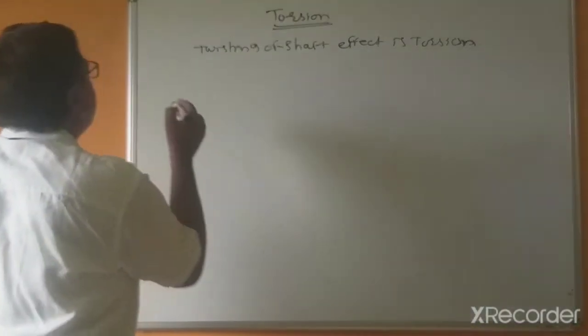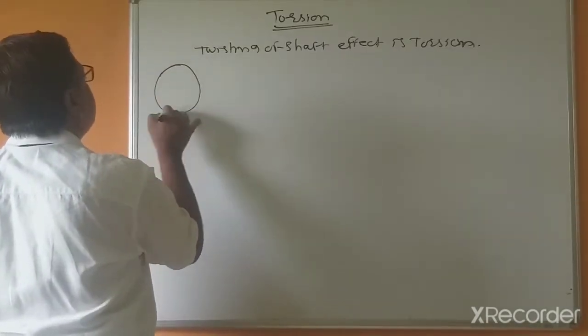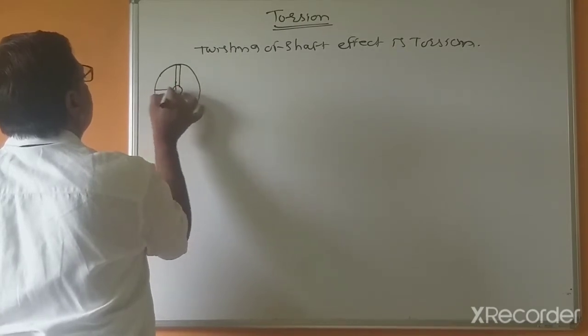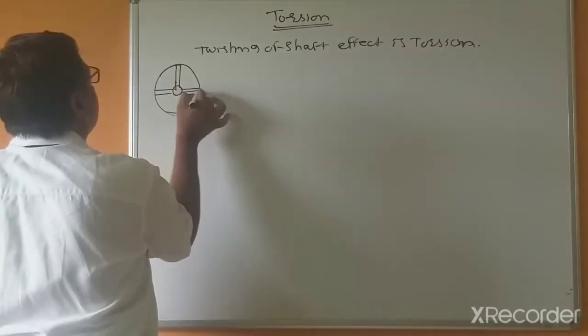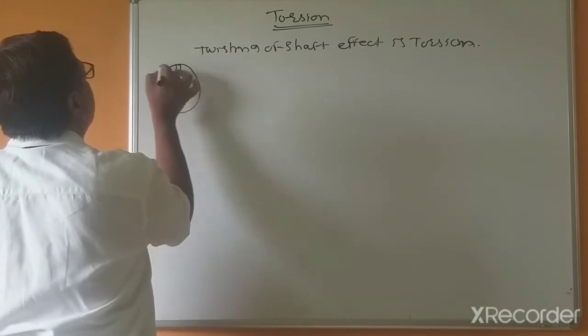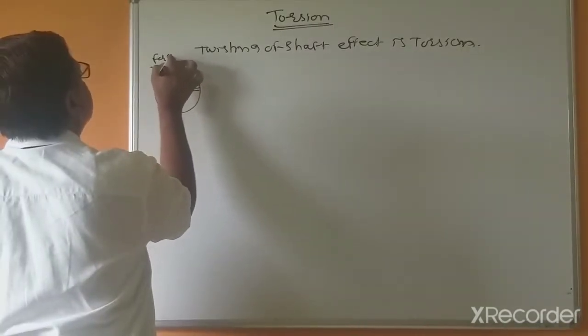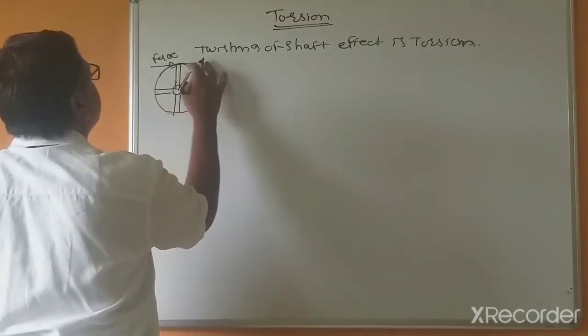Suppose this is a rim. On this rim, force is applied. This is the force and this is the radius.